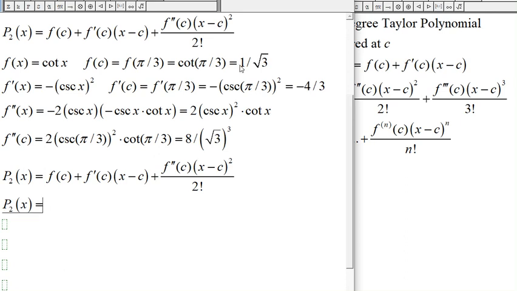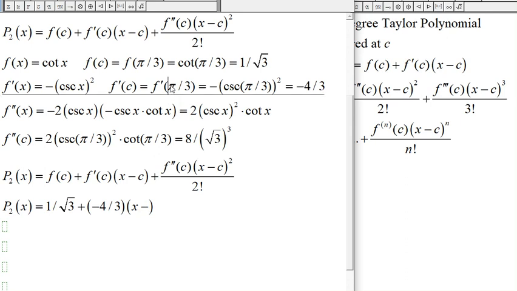So f of c is 1 divided by the square root of 3, and then plus, and f prime of c is negative 4/3, and then we need the x minus c, that c is pi over 3, and then plus this.